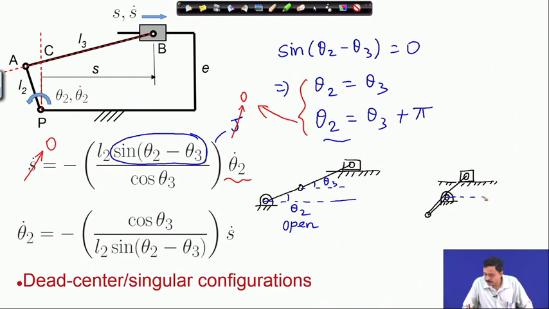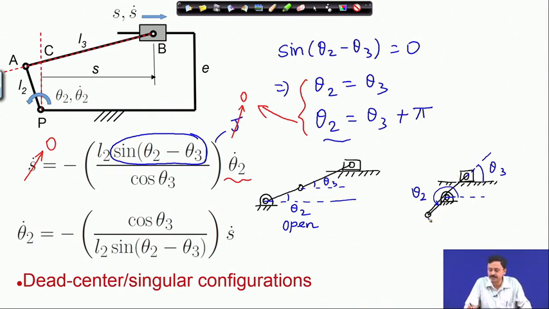So, theta 2 is this angle and theta 3 is this angle. Now, you can very easily see that theta 3 plus 180 degree is theta 2.